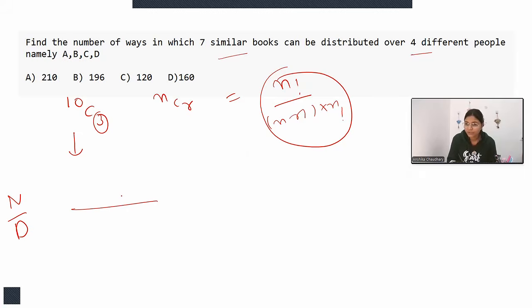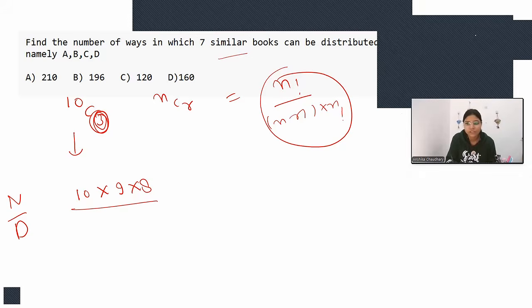Because here it is 3. So I go in reverse order, that means 10 into 9 into 8. So we have only 3 terms, and in reverse order I'm going.